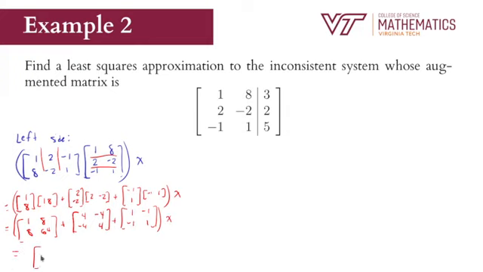So we get 1 plus 4 plus 1 is 6. 8 minus 4 minus 1 is 3. 8 minus 4 minus 1 is also 3. 64 plus 4 plus 1 is 69.